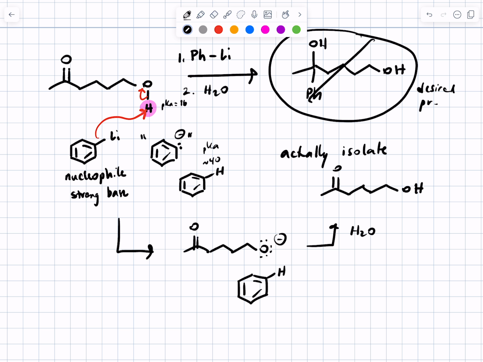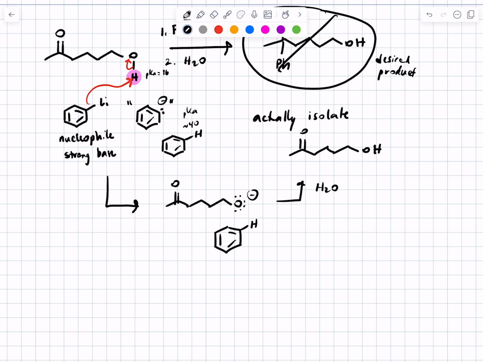The basic problem here is the acidity of that alcohol interferes with the basicity of your nucleophile and interferes with the reaction. So the strategy organic chemists have developed is we're going to do something to the OH group to convert it into something that no longer has an acidic proton. And the strategy is called using a protecting group.